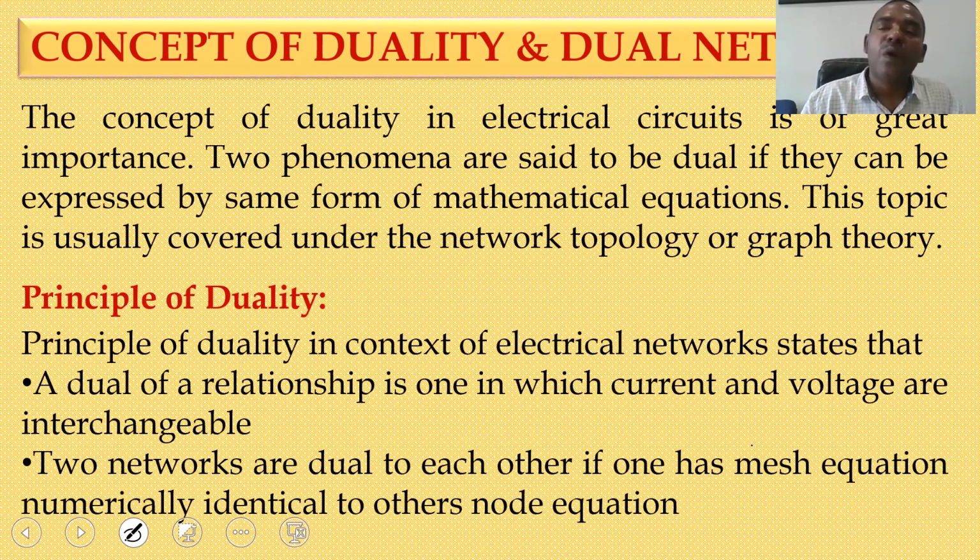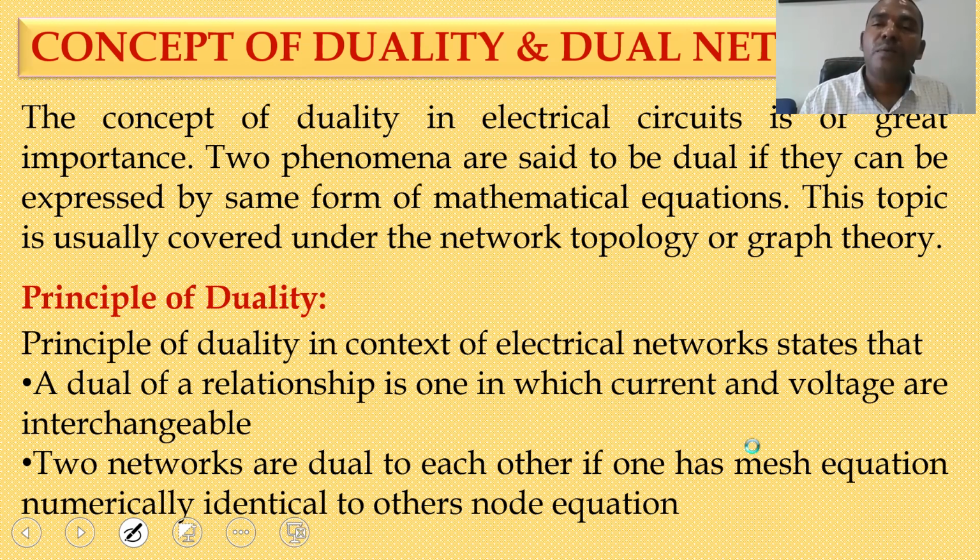That means a voltage source can be replaced by a current source, and then automatically the equations will be almost similar. Whenever two equations are almost identical, you can say they have the property of duality.